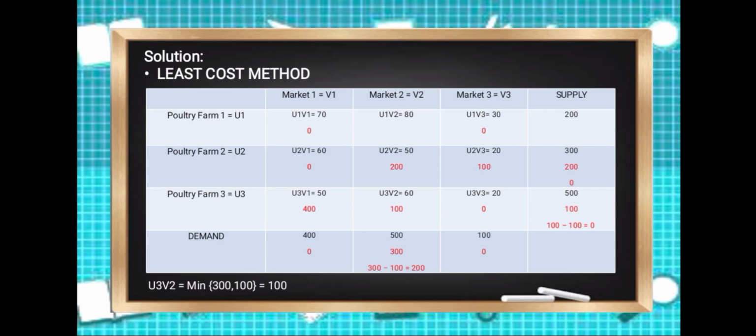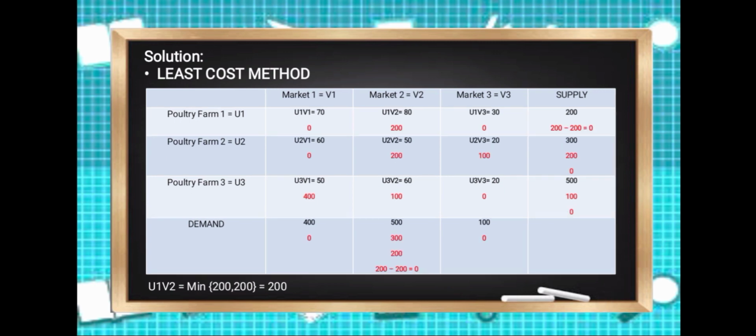So I will put the value of U3 V2 as 100. Then the demand is 300 minus 100 is 200, so we still have 200 of demand in our column 2, and the supply is 100 minus 100 is equal to 0. So there is one cell that remains, which is U1 V2.